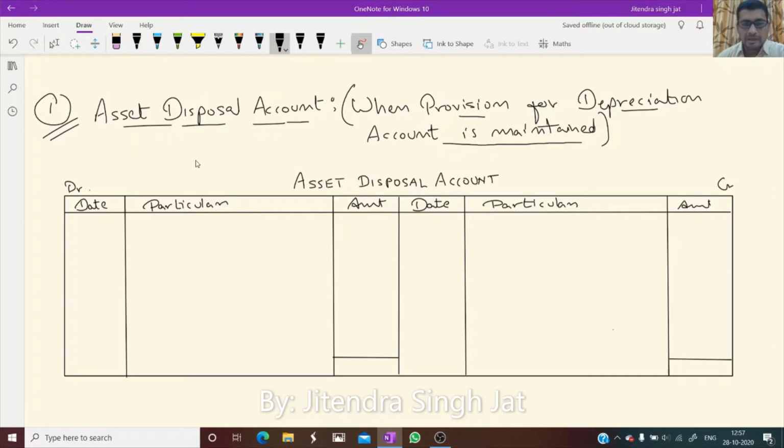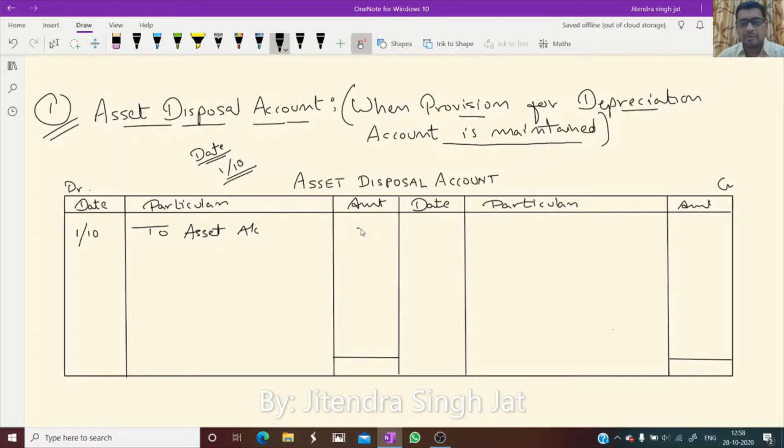I have just explained that asset disposal account is prepared only on that particular date on which the machine, land, building, any fixed asset has been sold. Suppose on 1st October, any asset has been sold. So what do we write? We write on the debit side: to asset account. Maybe land, maybe building, maybe machine.